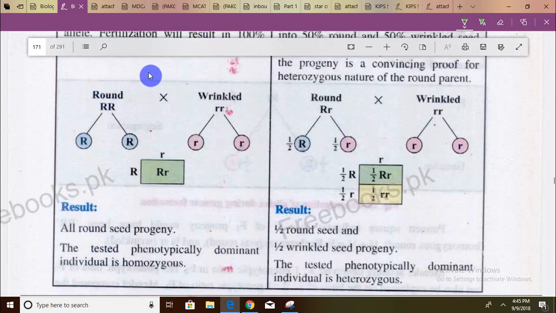So if it's a true breeding line, all of them will show the dominant phenotype, so basically all round seed progeny, and the tested phenotypically dominant individual is homozygous. Otherwise, half would be round and half would be wrinkled seed progeny.